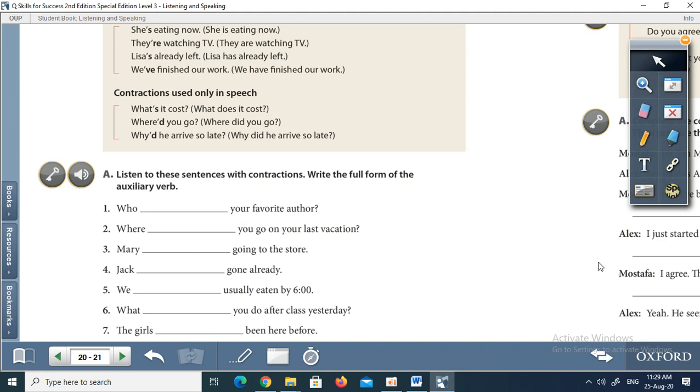All right, just in case you didn't hear it clearly the first time from their recording, I'm going to read it a second time. And as I say, I will give you the short form, and we want you to write in the long form. So, who's your favorite author?